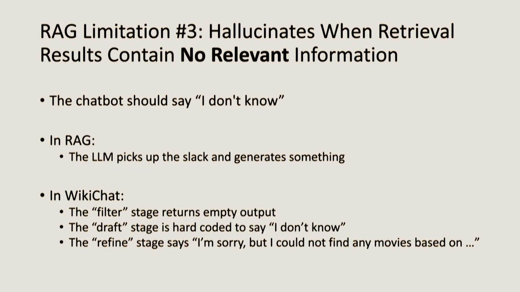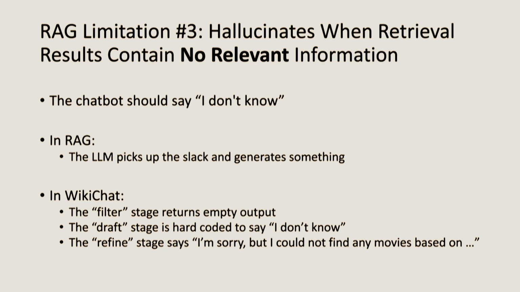In WikiChat, on the other hand, the stages and the separation of tasks have been designed to, first of all, filter out the things that are not relevant. Therefore, if there is no relevant information in the retrieved results, the output of the filter will be empty.